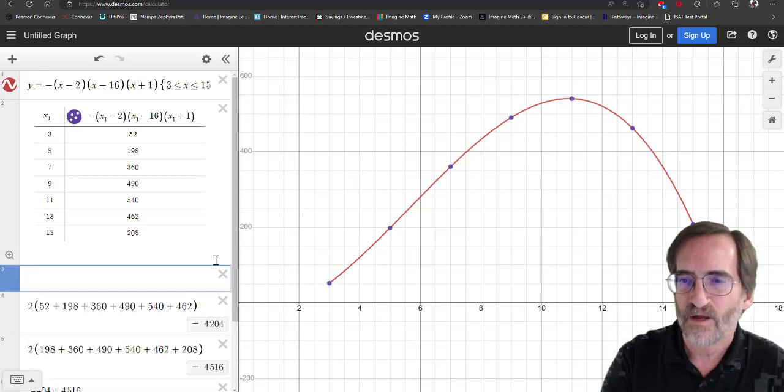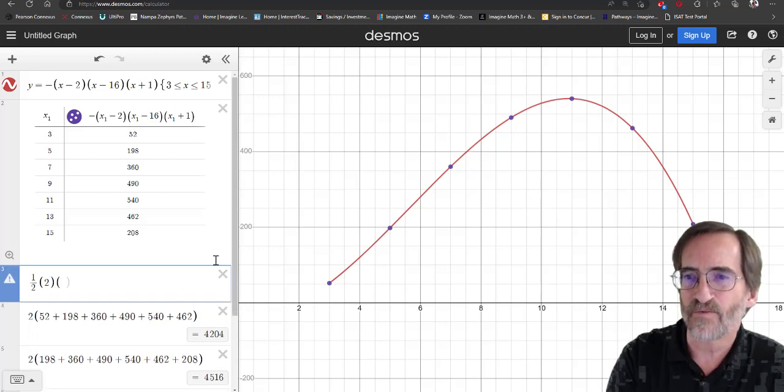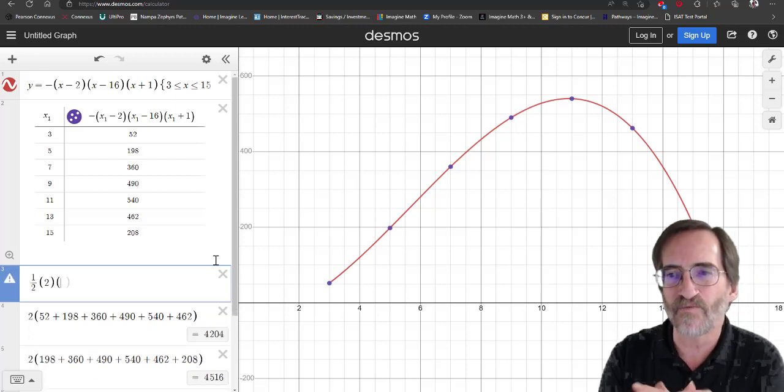I'm going to leave it like this. I know 1/2 of 2 is 1, but I'm going to put it right here because this is the general formula for a trapezoid.